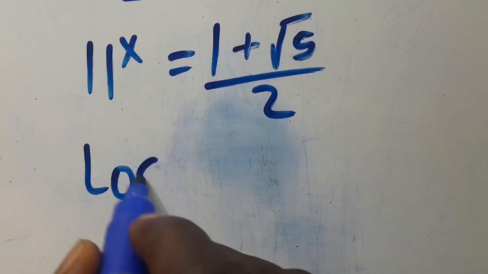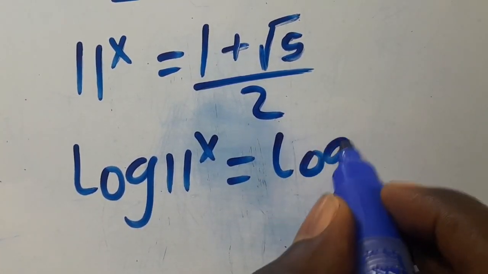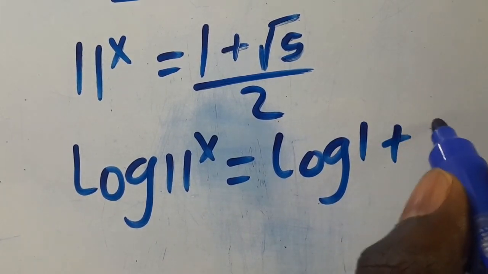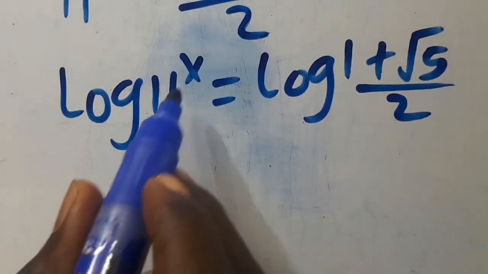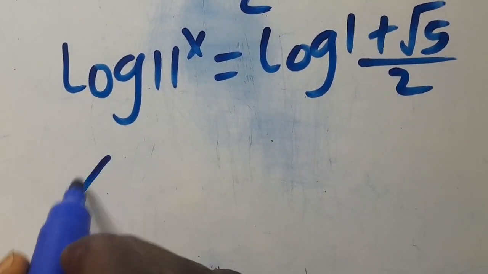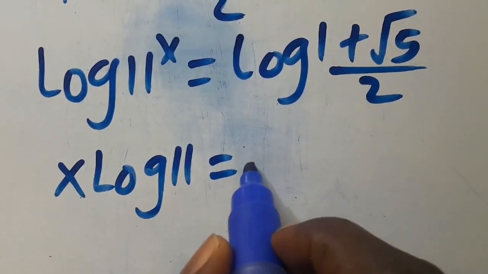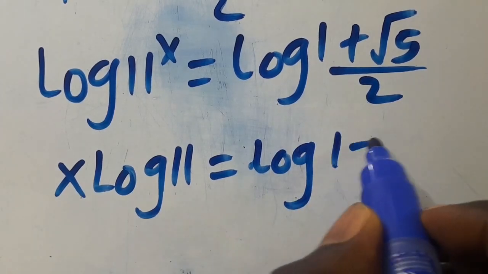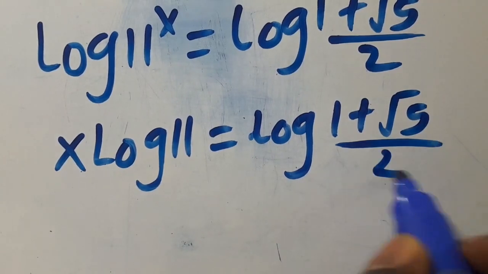We have log 11 to the power of x equals log of 1 plus root 5 divided by 2. Here this power will come to the base as x. x log 11 equals log of 1 plus root 5 divided by 2.